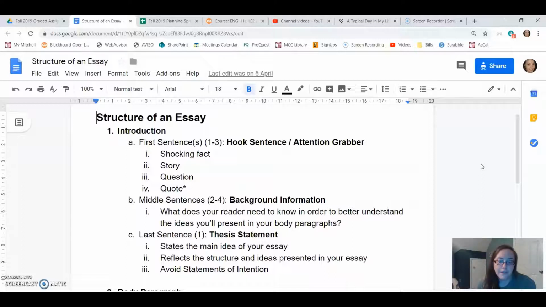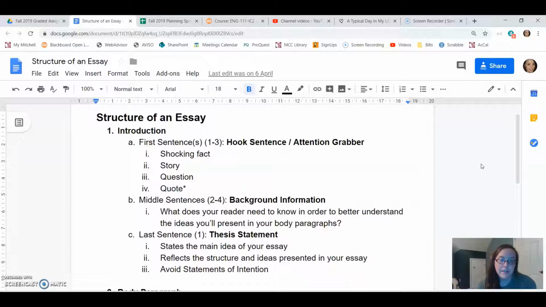So let's say, for example, you had that standard 5-paragraph essay, which is not the only thing that you can do, but if you did, then your thesis statement would list out in a simplified way what those focal points were going to be.